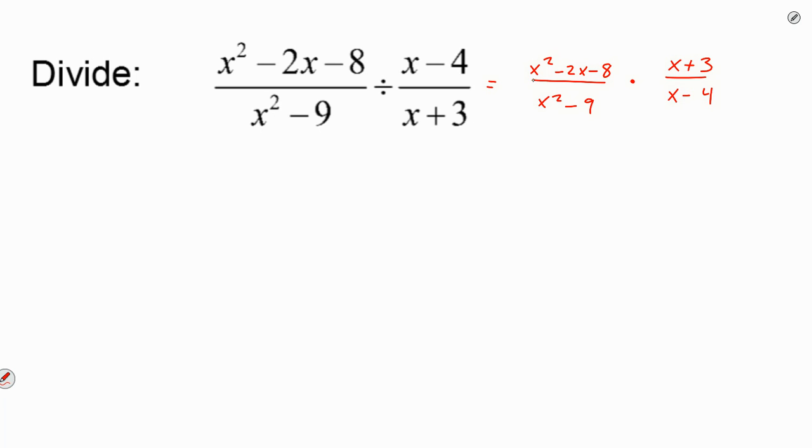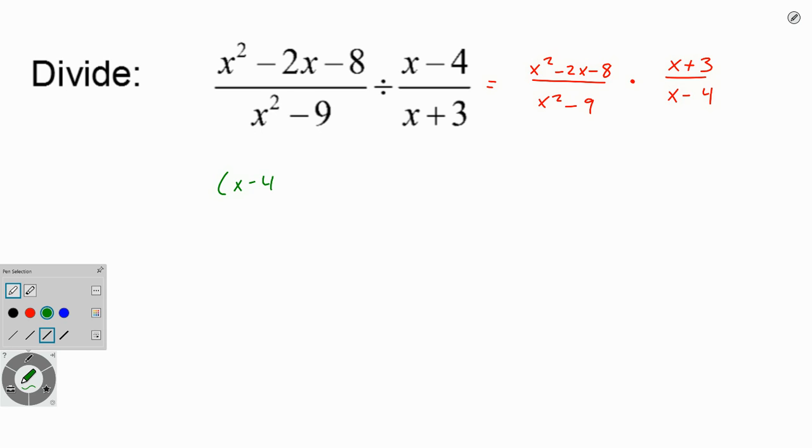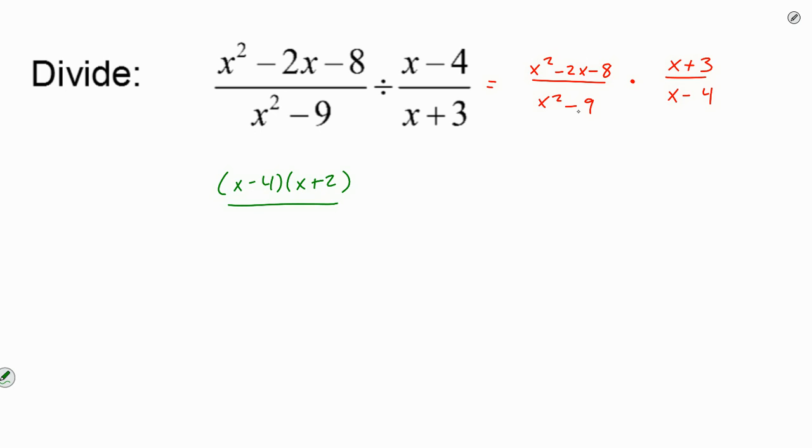Then we go ahead and do our factoring. The one on the left here factors to be x minus 4 times x plus 2. And again, here we have a difference of squares. Hopefully you've picked up that those are common. They're going to come up a lot in this class. Times x plus 3 or x minus 4.